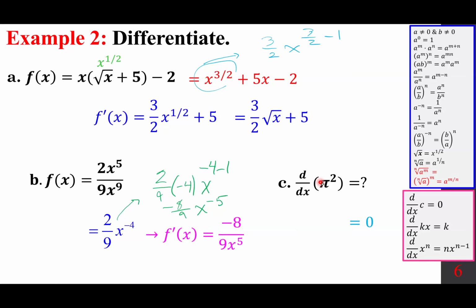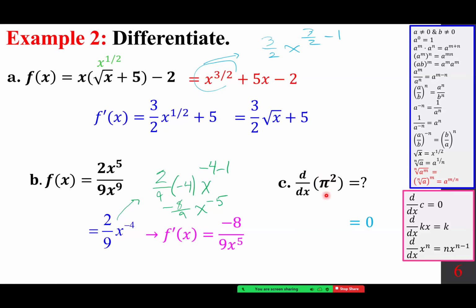Professor, would it fall under the rule for exponents? No. It's a number. It's not x squared, where you say the answer is 2x. This is a number. Oh, I see what you're saying. The derivative of any number, pi squared, pi, e, 10.